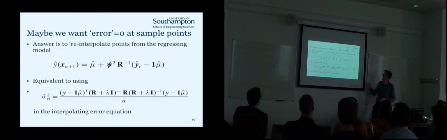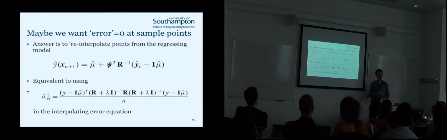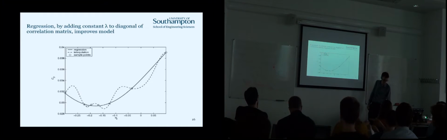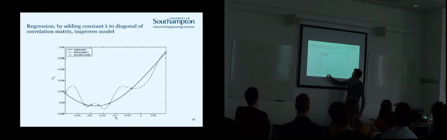For the time being, we would like our error in our surrogate model to be 0 at a previously sampled location, so that we don't risk going back there, and we can have a nice global search of our problem, but without the excessive snaking that we got when we were using an interpolating model. So what we actually do is, if we go back to this function here, we calculate our error as if these simulations actually lay on the regression line.